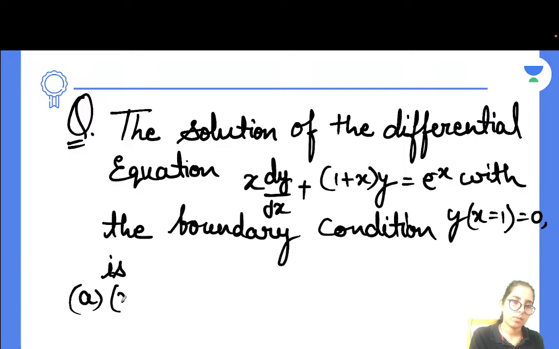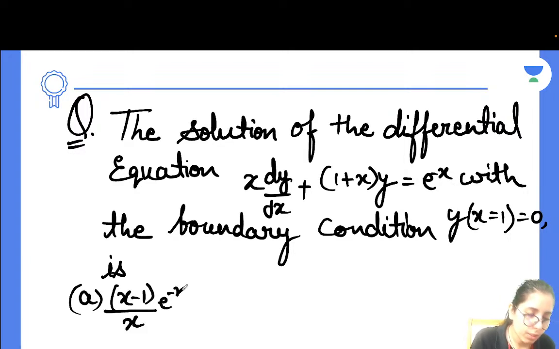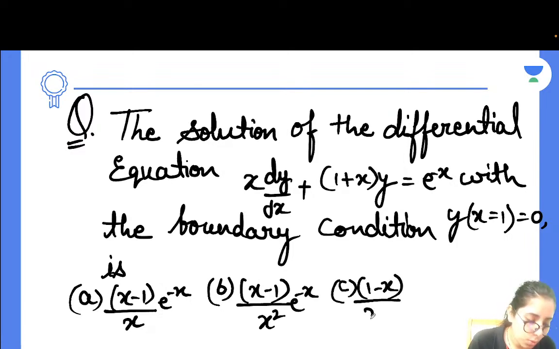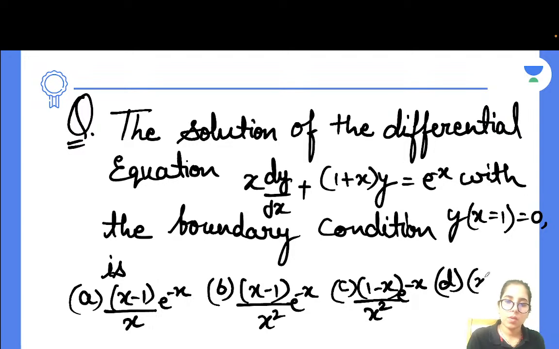Options are x minus y over x e to the power negative x, x minus y over 1 over x square e to the power negative x, 1 minus x over x square e to the power negative x, x minus 1 square e to the power negative x.